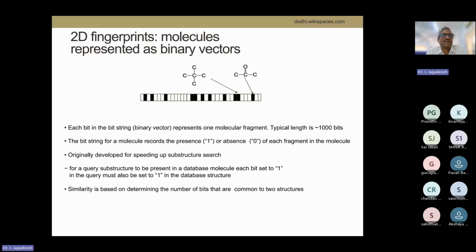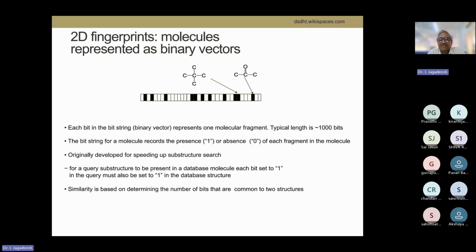For the 2D fingerprints, most of the time the molecules are represented as binary vectors. Each binary vector will have 0 and 1. So each bit in the bit string, that is the binary vector, represents one molecular fragment.